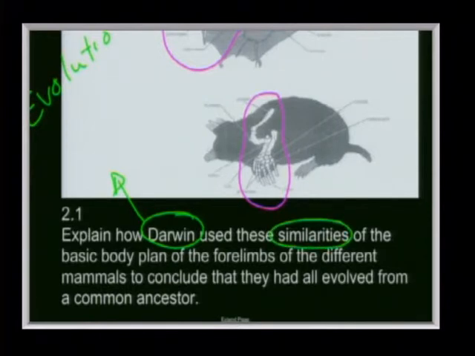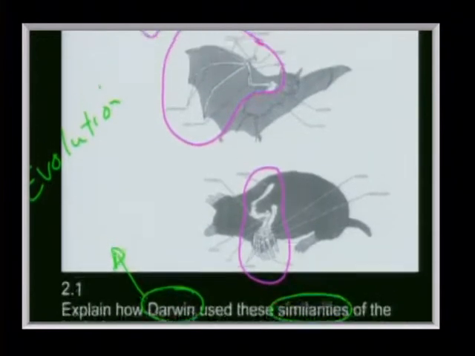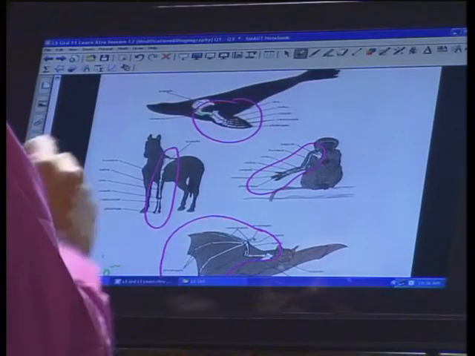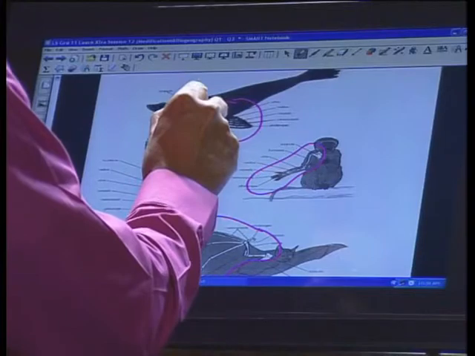Okay, so what about the same basic body plan of the forelimbs of different animals led him to conclude that they all evolved from a common ancestor? If you have a look at one of our previous slides, we spoke about the same basic structure because, as you can see, there's the humerus, and you will have the radius and the ulna, and you will have your carpals and your metacarpals and your phalanges.